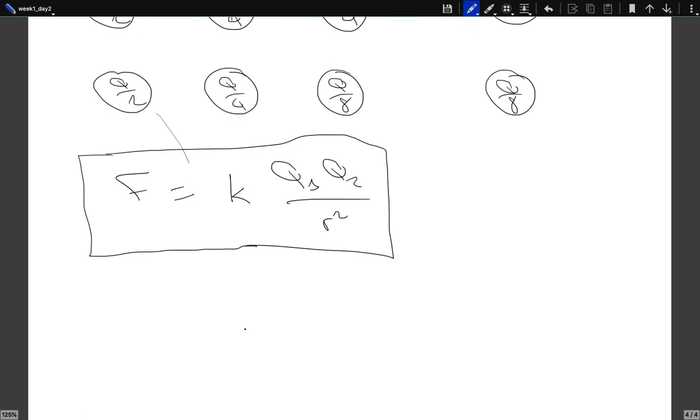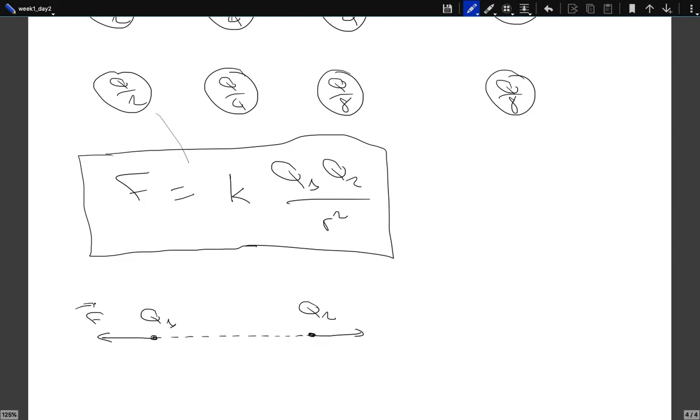And then, of course, the direction also turns out to be along the line connecting the charges. If this is Q1, this is Q2, it is along this line. If Q1 and Q2 are identical charges, it will be pointing away from each other.